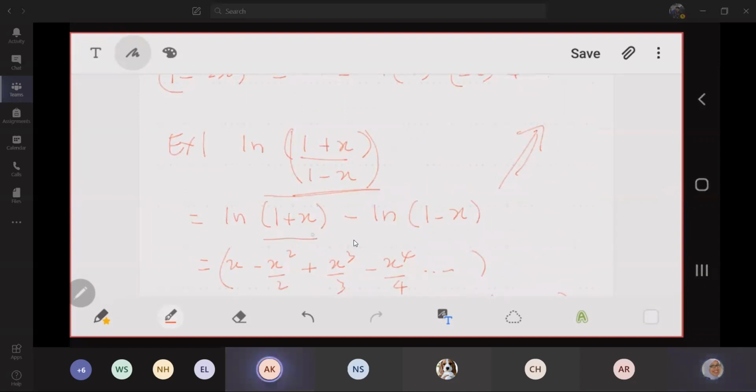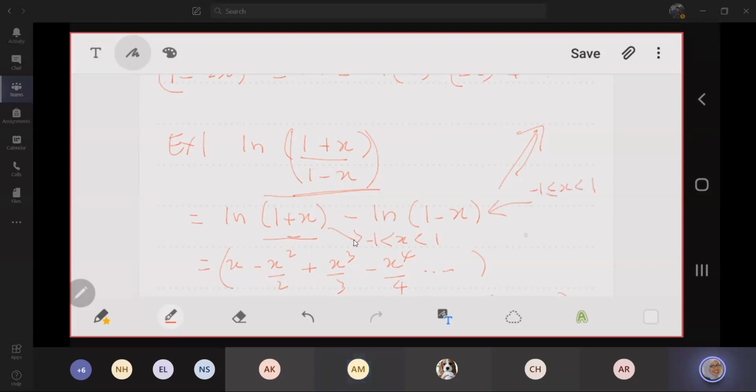For this, you have to combine the ranges of validity. What is the range of validity for this? Because you cannot have ln of 0, you cannot have minus 1 for this one. So for this, x is bigger than minus 1 and less than 1. For this one, it is bigger or equal to minus 1 and less than 1.